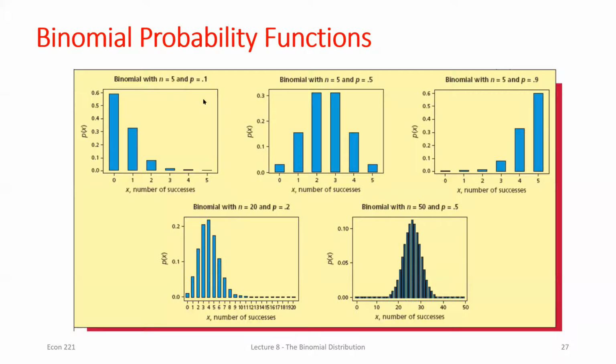But what's interesting here is if I have a very low probability, notice I have long right tails, 0.2 and 0.1, so I have a right skew distribution. The binomial distribution, when I have a high probability, 0.9, I then get a left skewed distribution. And then when the probability is exactly 0.5, I end up with no skew, right? I have this nice normal distribution. Okay? So the binomial has different shapes depending on the probability of success.